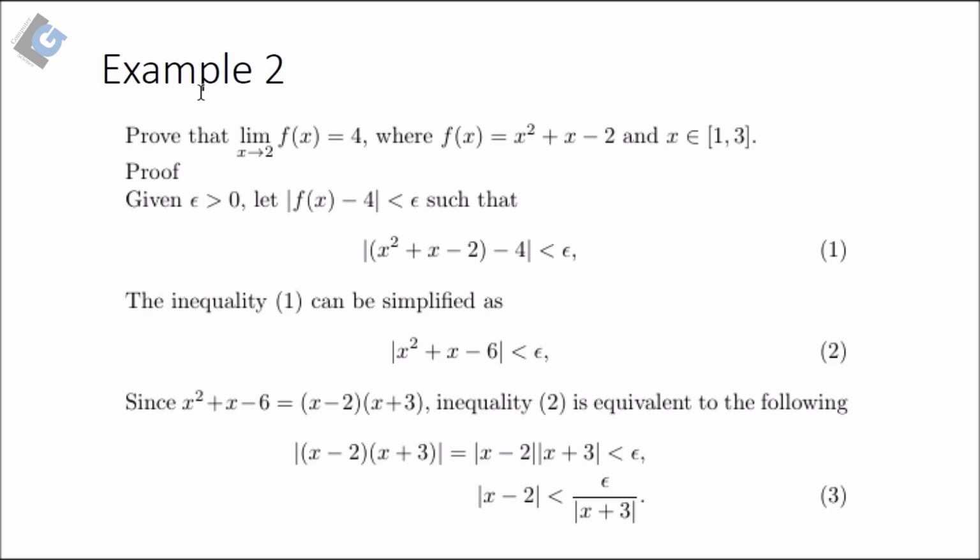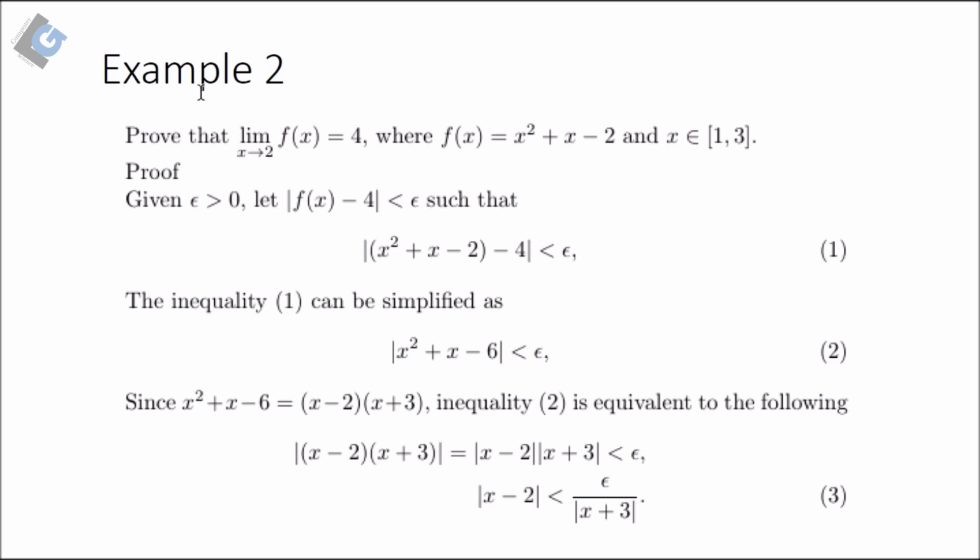That is, the absolute value of x minus 2 is less than epsilon divided by the absolute value of x plus 3. So the left-hand side is okay. That's what we want, which is the absolute value of x minus 2. For the right-hand side, there is a variable, which is the absolute value of x plus 3.